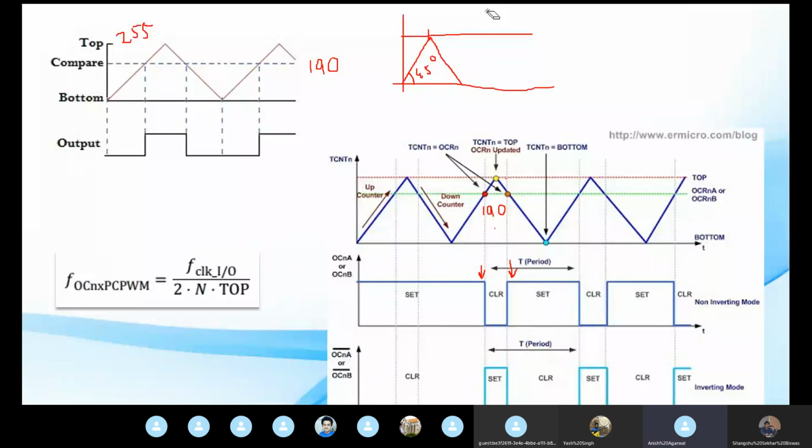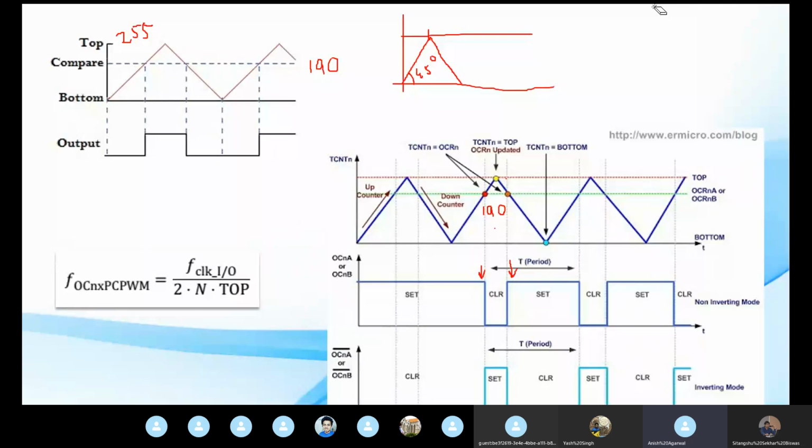Since you have asked, suppose for the first wave, at the red point, it sets the value to up, and at the orange point, it sets the value to low. Suppose for another wave, the non-inverting mode, I set the value even lower.